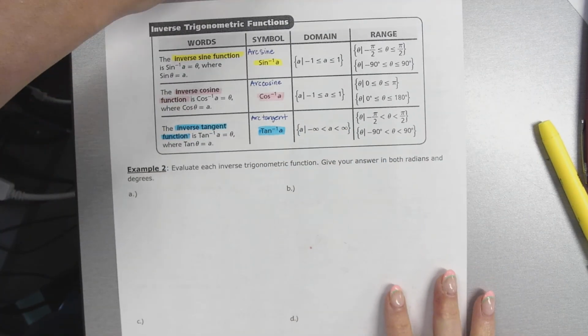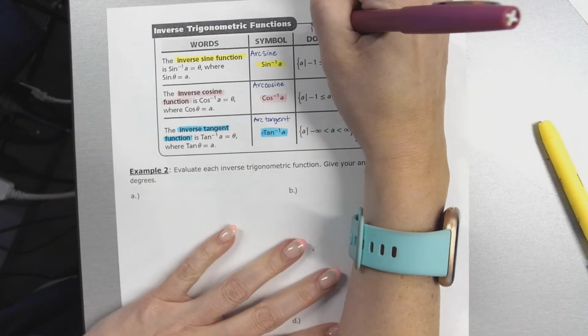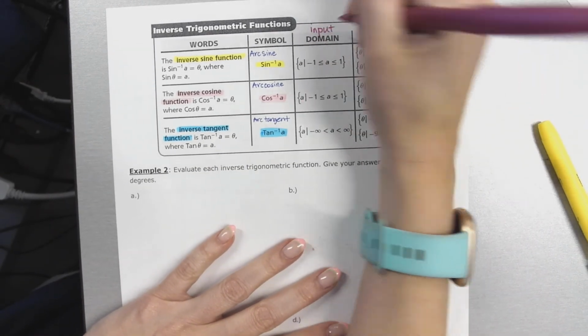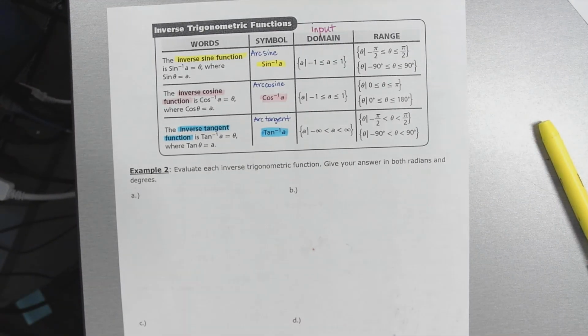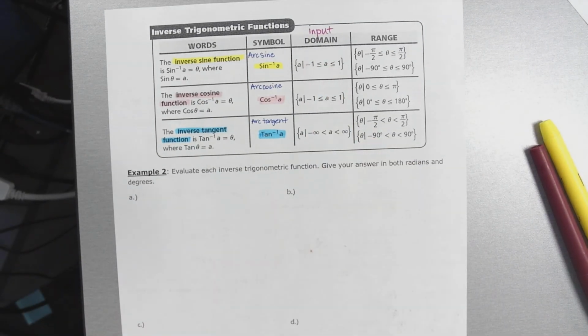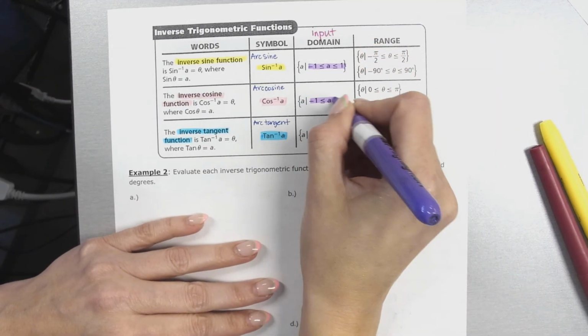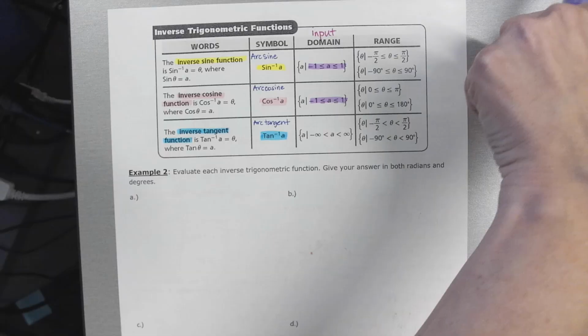And then we go on to the domain and the range. So when we think of domain, we're thinking of input. What can you plug into a function? Now, the domain for the sine and the cosine, let's pay special attention to those. You can plug in -1 to 1 and -1 to 1.